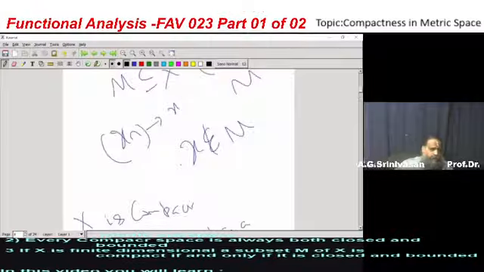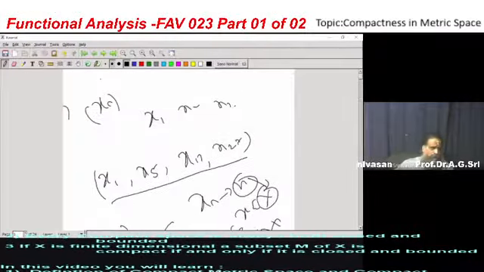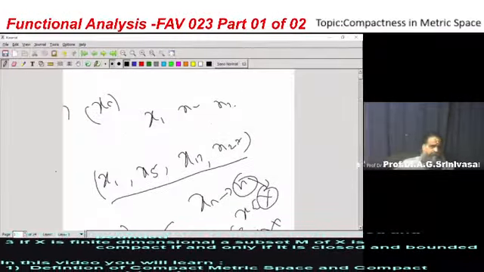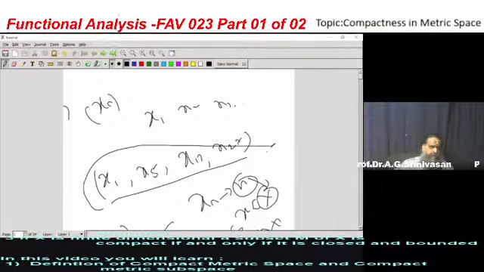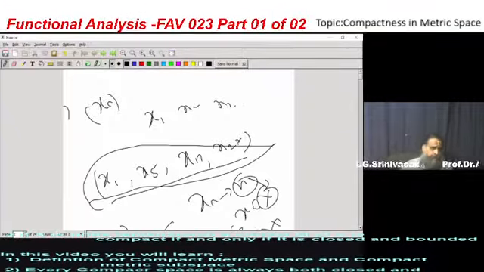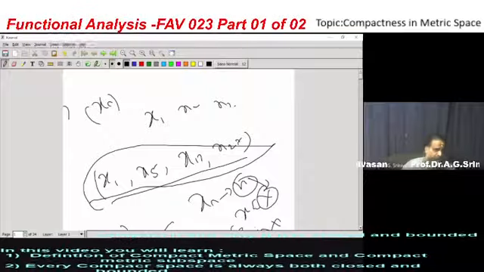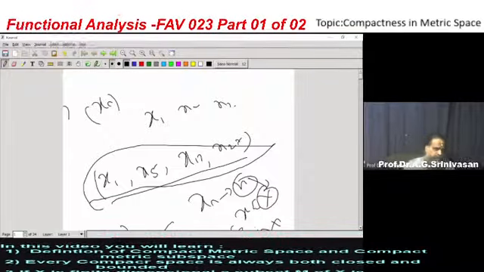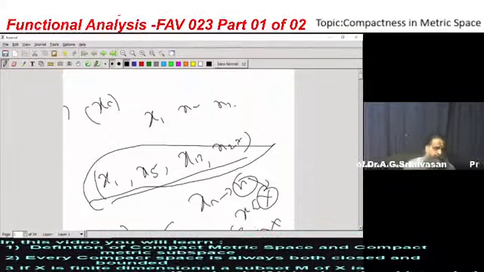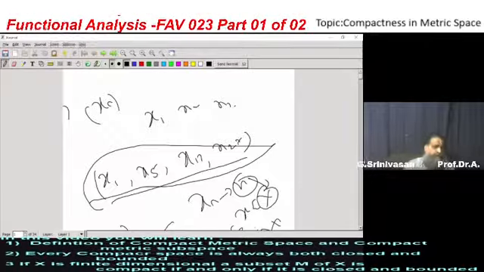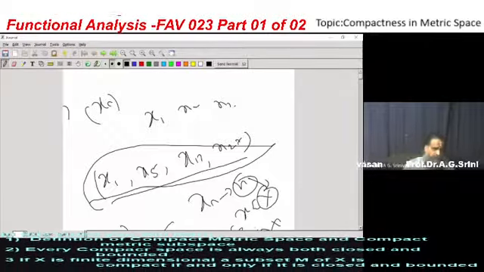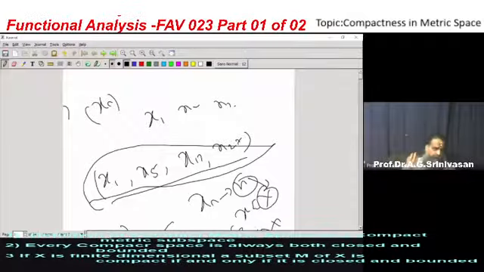And I already told you what a subsequence is. Just for revision, I'm doing it one more time. If Xn is X1, X2, X3, etc. is a sequence, you take some elements of that and make a subsequence. But if it is finite, there is nothing to discuss because every finite subsequence is convergent. So we are going to take only an infinite subsequence of the given sequence. When I say subsequence, it is understood to be always infinite.